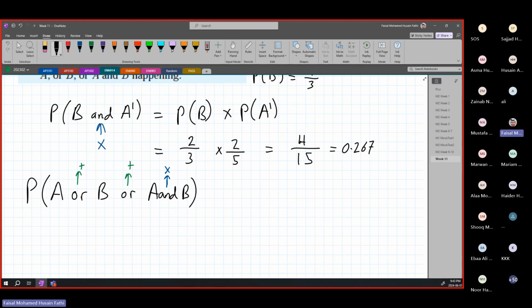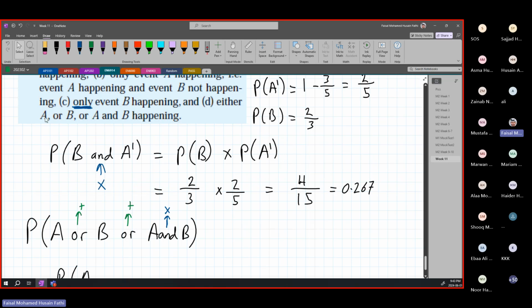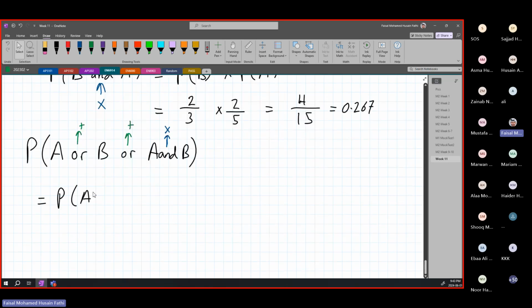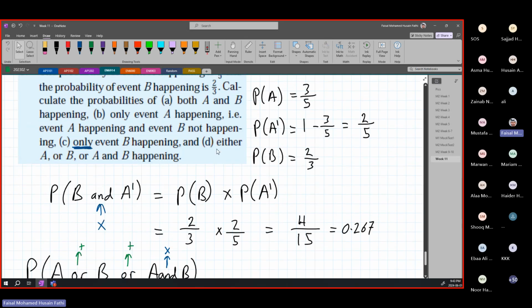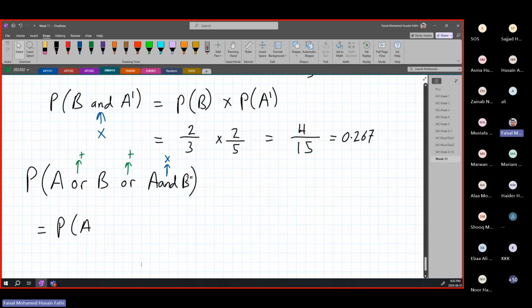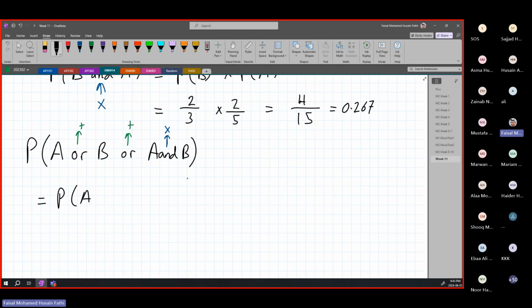So this can be rewritten as P of A. Remember, again, either A happening or B happening. This basically means only A is happening because they are saying either A or B. They're not saying A and B are occurring at the same time. So what we mean by that is A and B not plus.